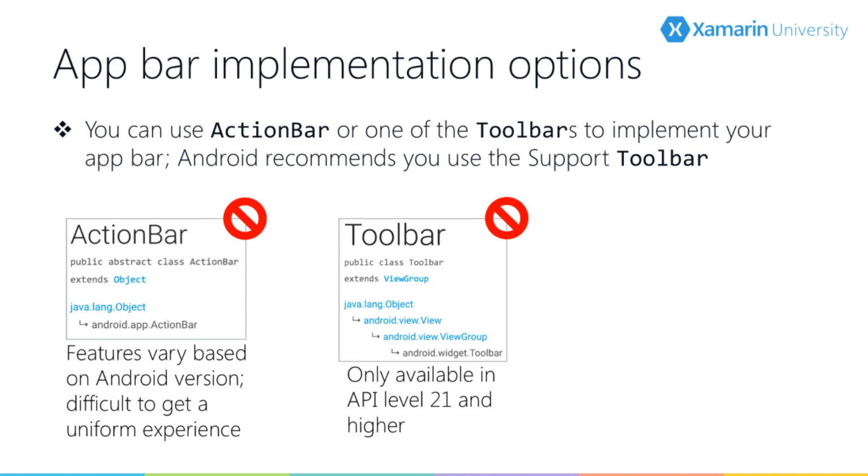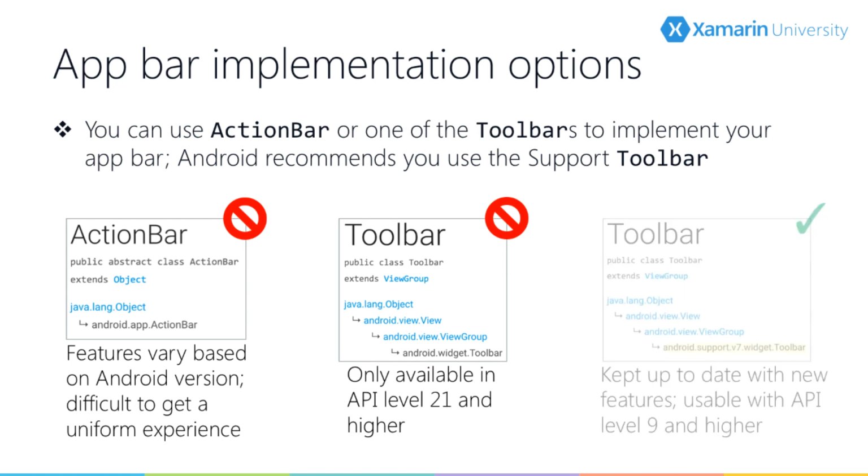You could use the standard toolbar, but remember that was added to Android at API level 21, so if you need to support older versions, that won't work. So the current guidance is to use the support version of toolbar, and that's what we're going to do here. We're going to create a toolbar instance and install that as our activity's app bar.